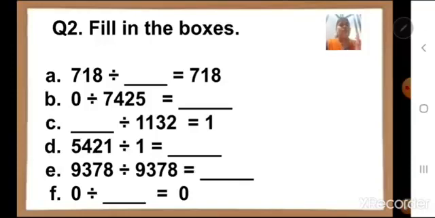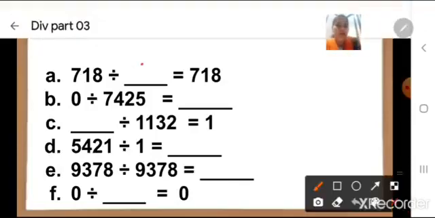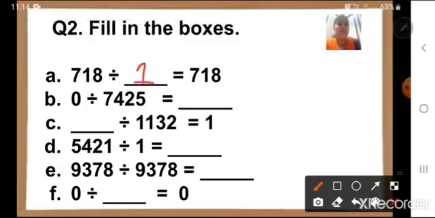Both of them are same. So it is based on which property? It is based on your first property, division of a number by 1, correct? A number when divided by 1 gives the same number as the quotient. So 718 divided by 1 will give you 718.